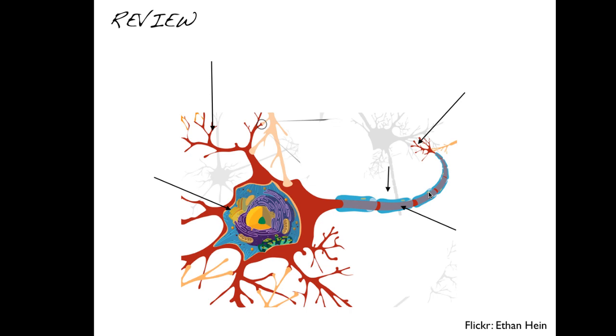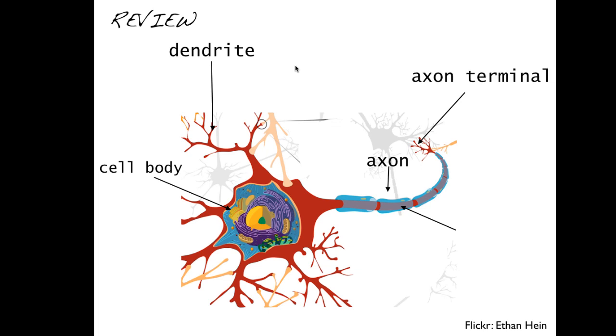Welcome back. Let's see if you got the answers right. So our first structure up at the very top here is called the dendrite. The action potential will travel down the dendrites to the cell body. The projection off of the cell body is called the axon. The axon further divides into axon terminals that can then communicate with other neurons.